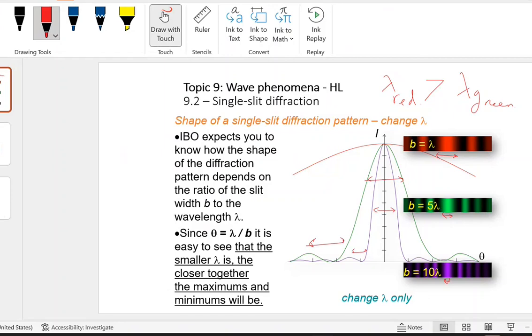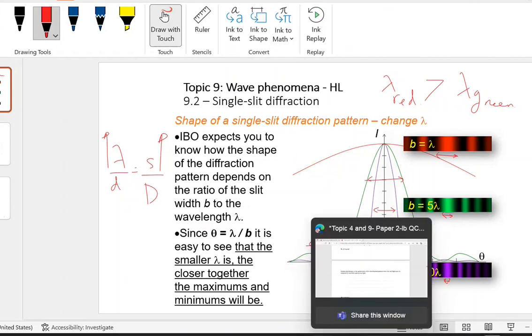The formula: lambda over d equals S over D. From the formula we can conclude that if I increase the wavelength, I use red color instead of green, the separation or the distance between the maxima will also increase, and the opposite, vice versa.